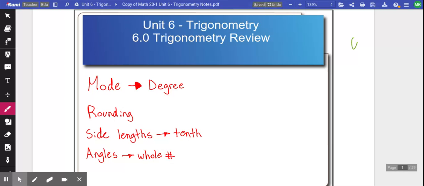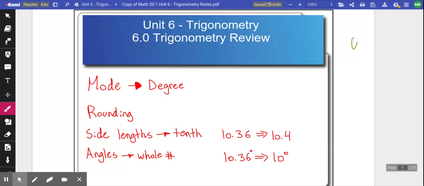For instance, if I had a side length that was 10.36, that would round to 10.4. If I had an angle that was 10.36, that would round to 10 degrees. So angles we round to the nearest whole angle, side lengths we round to the nearest tenth, unless told otherwise. Sometimes questions tell you to do something different.